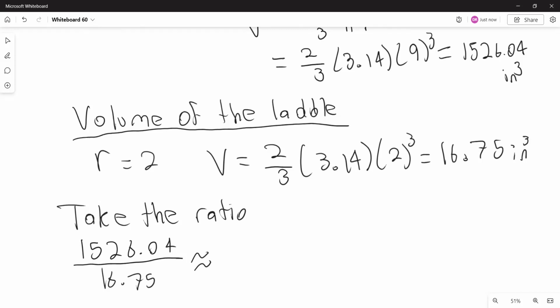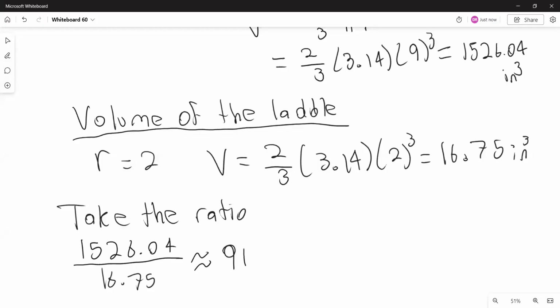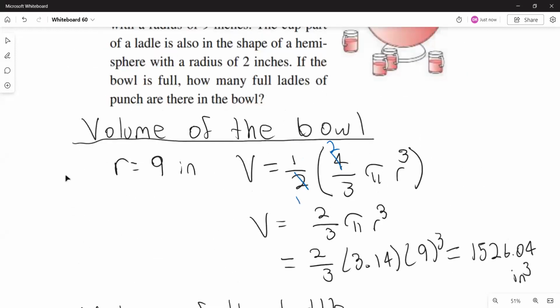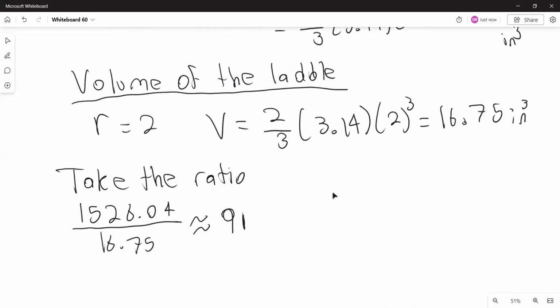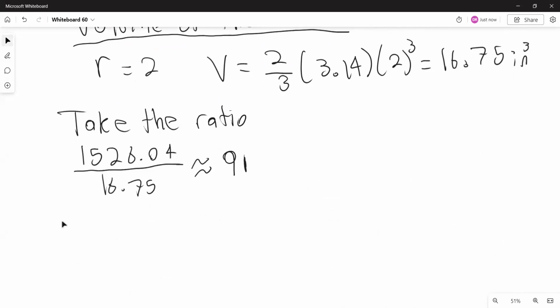And that's approximately 91. It's going to be a little bit more, but we're going to round down to the greatest integer. So there are 91 full ladles in the bowl.